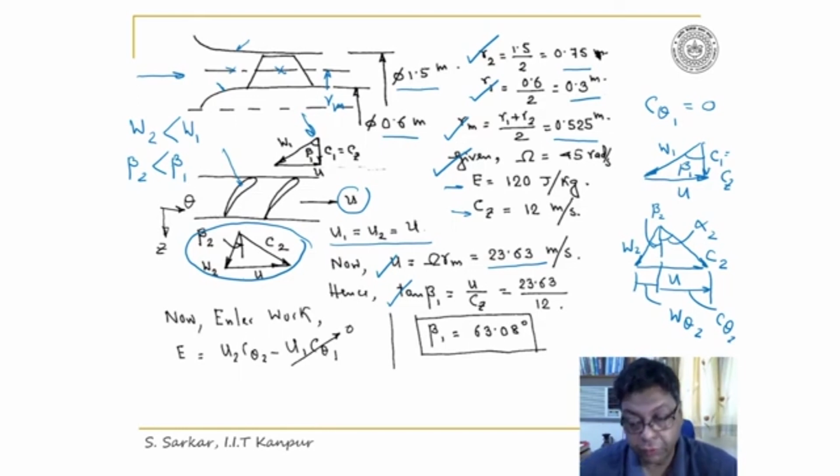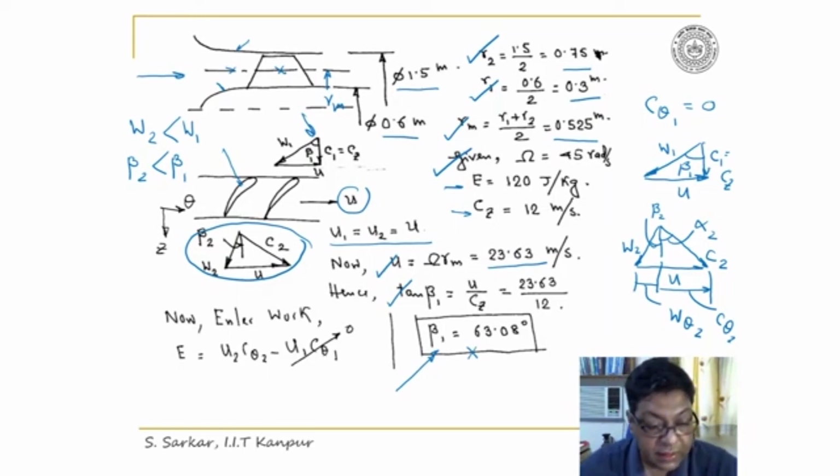The value of U is 23.63 and the value of Cz is given as 12 meters per second. Therefore, when I calculate, beta 1 is equal to 63.08 degrees.